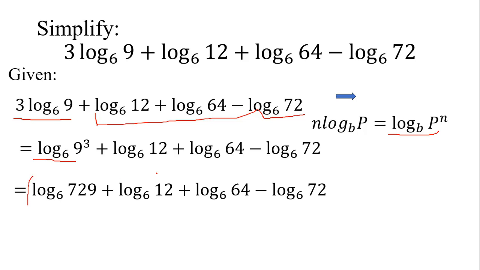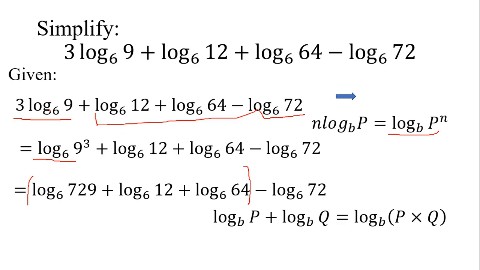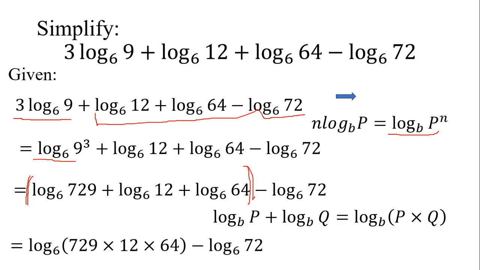But before I can do that, I need to apply another rule that says the logarithm of p to base b plus logarithm of q to base b equals the logarithm of p times q to base b. I'm only applying this rule to this aspect, and that result will be the logarithm of 729 times 12 times 64 to base 6 minus the logarithm of 72 to base 6.